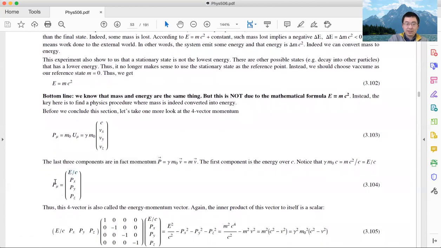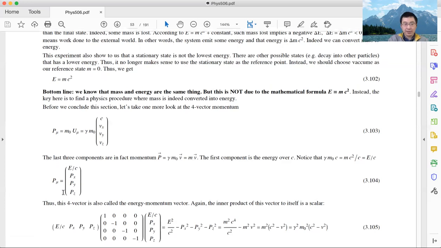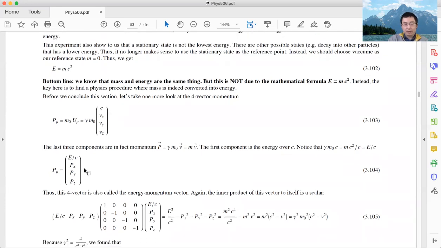This 4D vector is also known as the energy-momentum 4D vector, because it contains both energy and momentum. In 3D space, energy is a scalar and momentum is a vector. You have two objects, one scalar and one vector. They are not related in Newton's theory. But in special relativity, this 3D scalar and 3D vector should be combined together as one 4D vector. That's my energy-momentum vector.